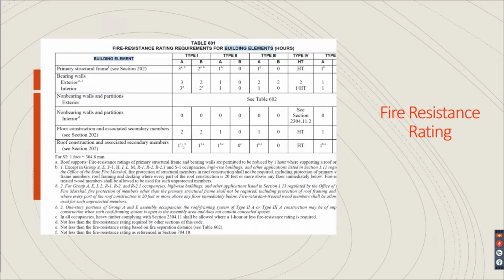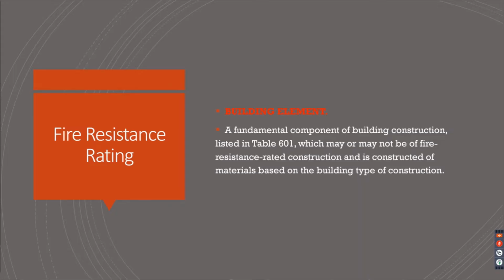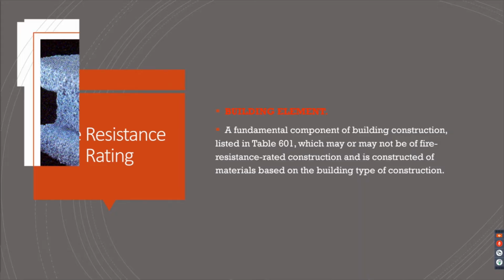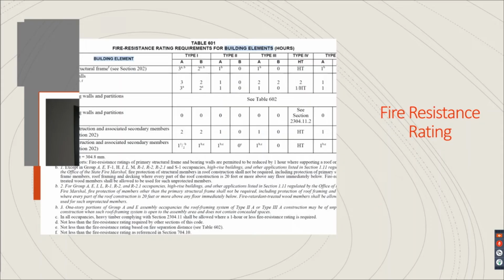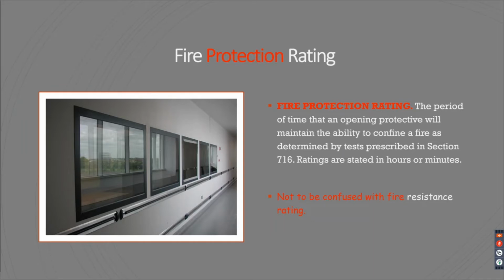So these are your building elements that, again, I'm going to go backwards, that the fire resistance rating applies to. These are the components we'll be talking about today as well, obviously, as the different types.